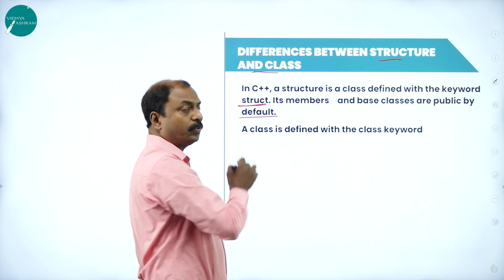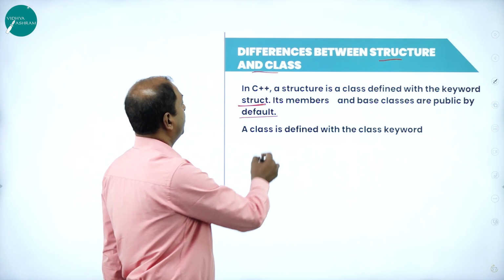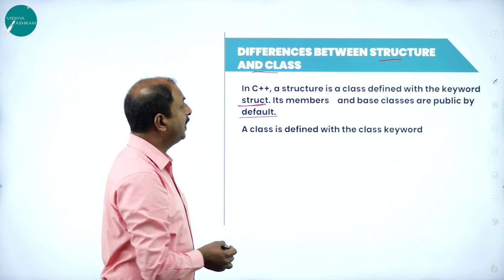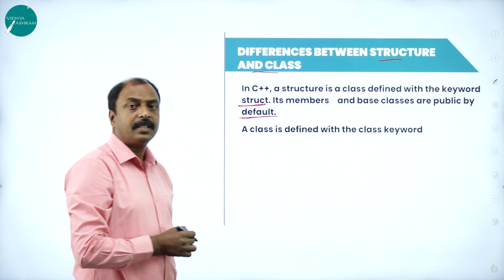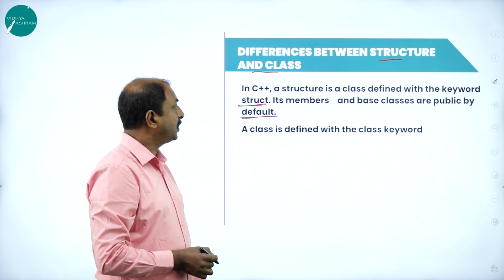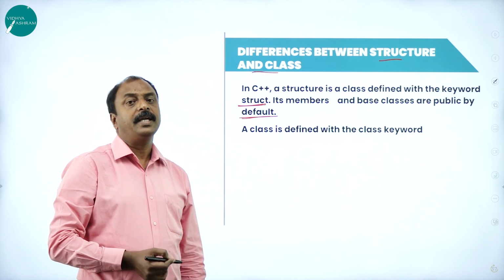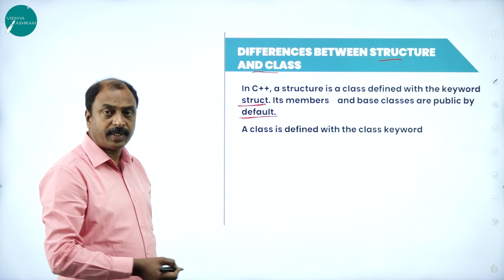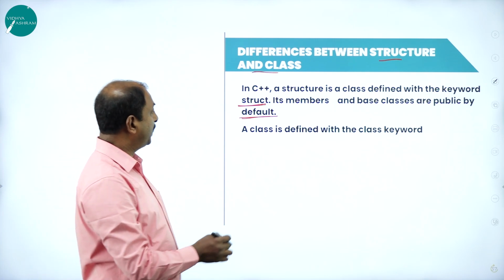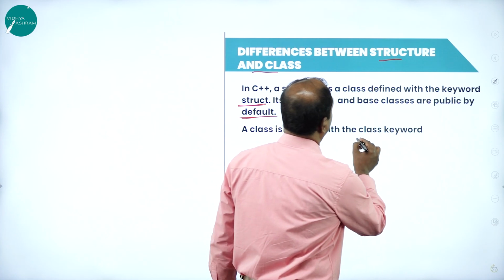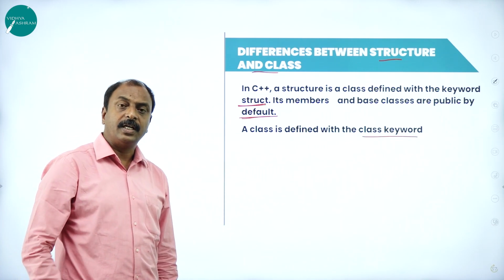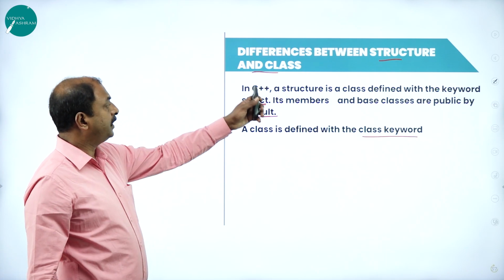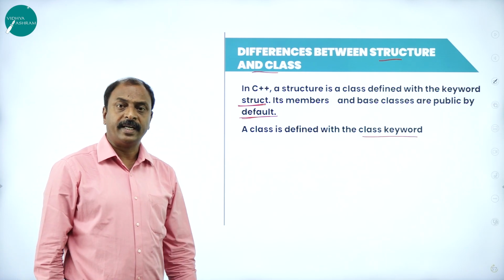Here we have to use the reserved word struct, then give the name of the structure, and its members are public by default. I mean, the members of a structure can be accessed by any function or anyone outside the structure. But a class is defined with the reserved word class. Now we have learned what a class is and how to work with a class. So that is the difference between a structure and a class.